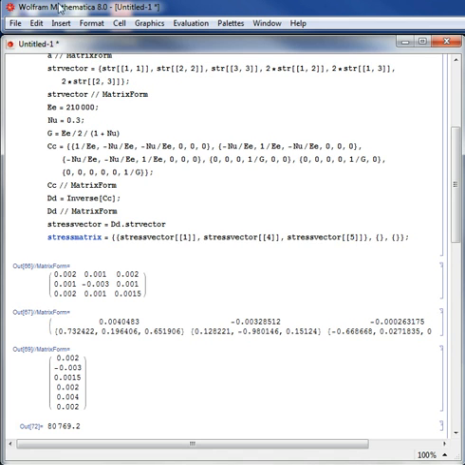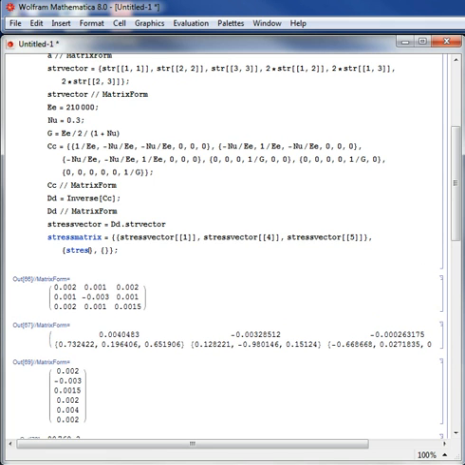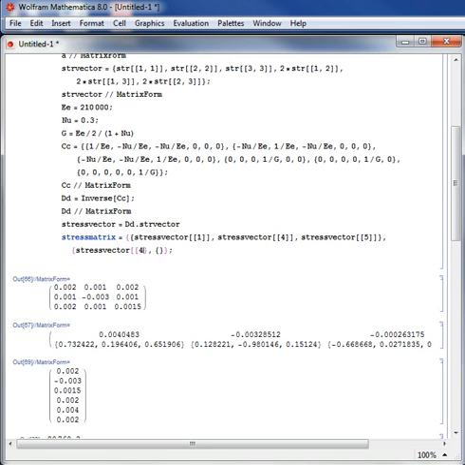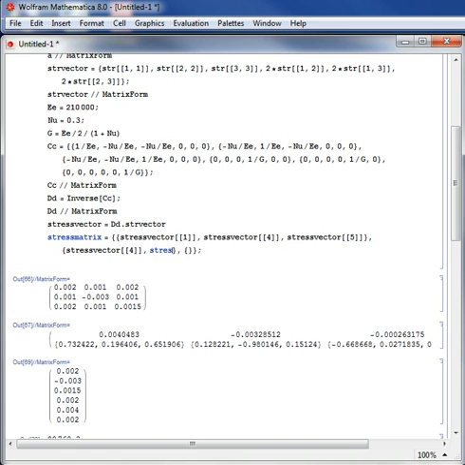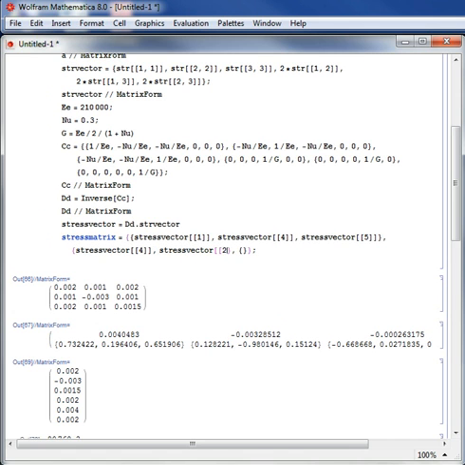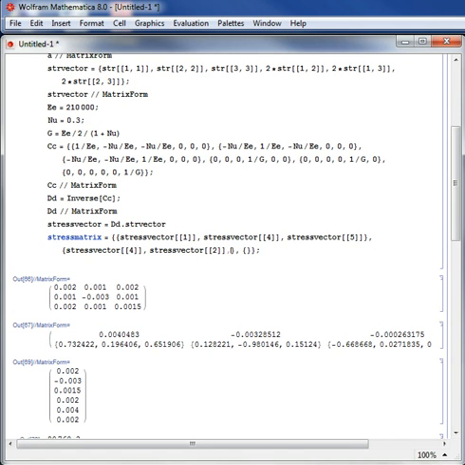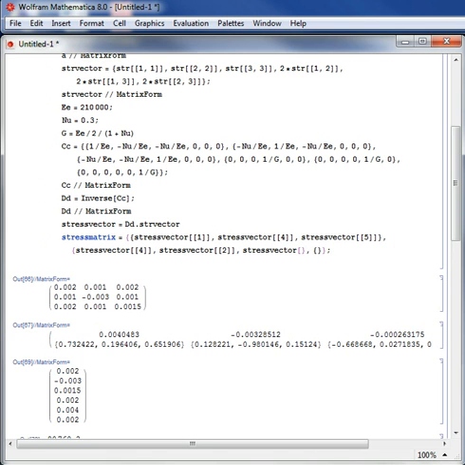So this is sigma 1 1, sigma 1 2, sigma 1 3. It's symmetric, so I'm going to use stress vector 4, then sigma 2 2, and then sigma 2 3.